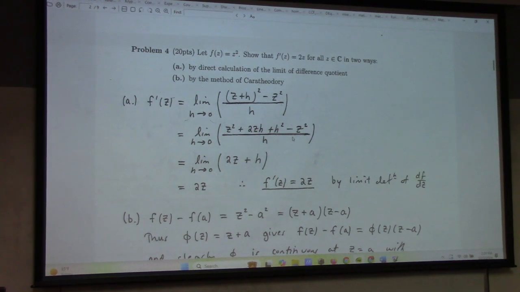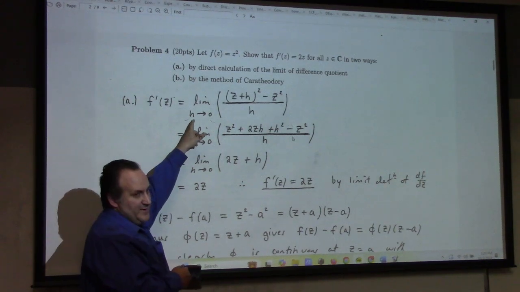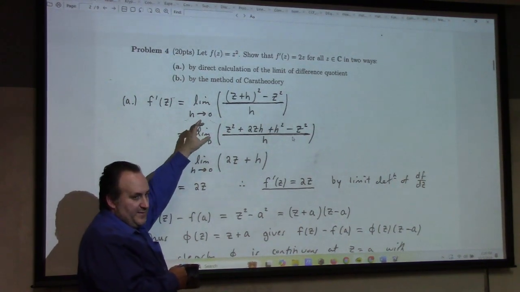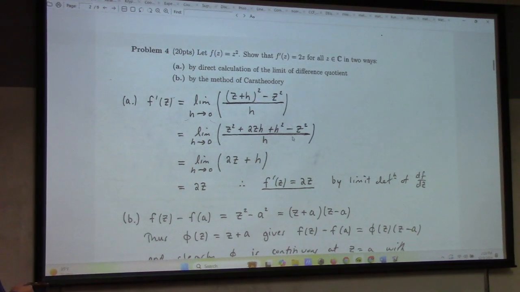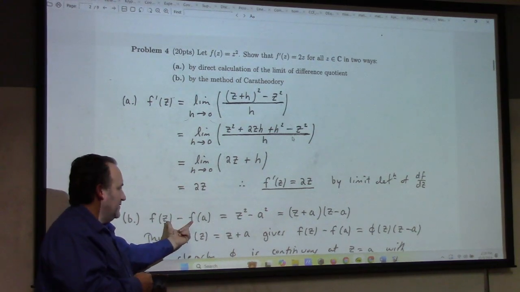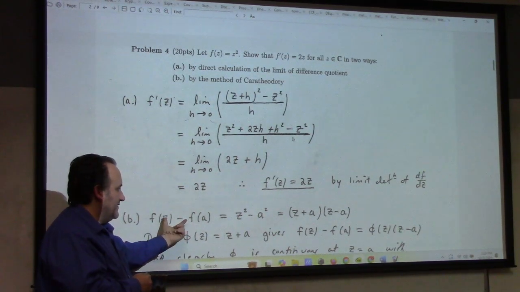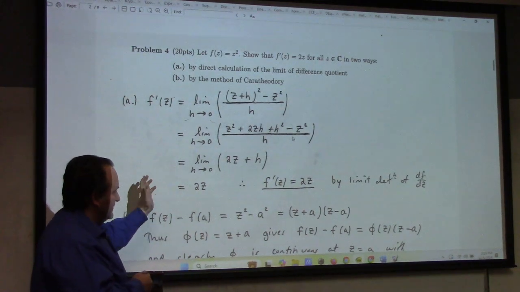The difference quotient, which I have here. Of course, the other way you could do the difference quotient a la calculus 1 would be the limit as z goes to z naught of f of z minus f of z naught over z minus z naught. Sometimes that's easier. And then for Carathéodory, you're just looking to figure out what the quotient function is. Basically phi of z is the formula for the difference quotient.